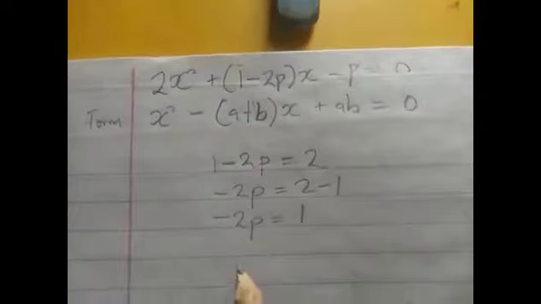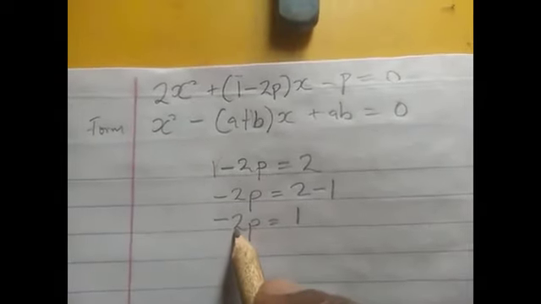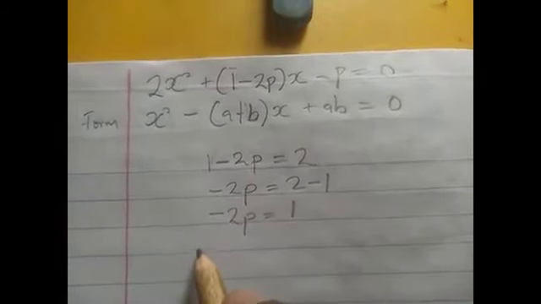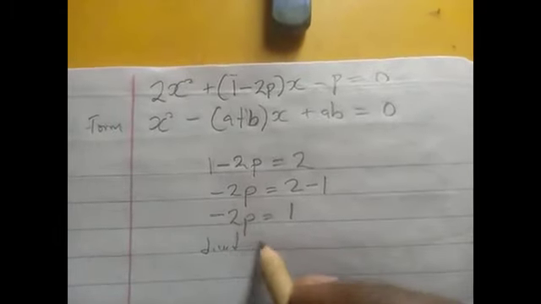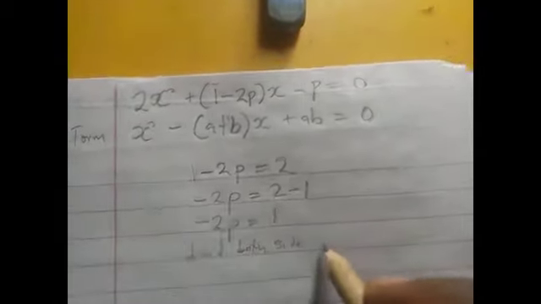So what do we do? We can divide both sides by the coefficient of p, which is minus 2.